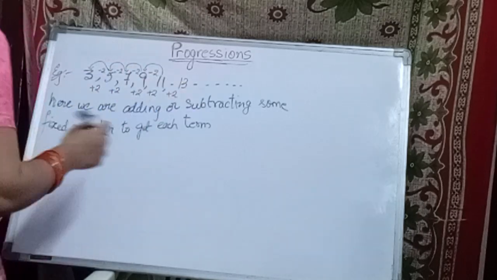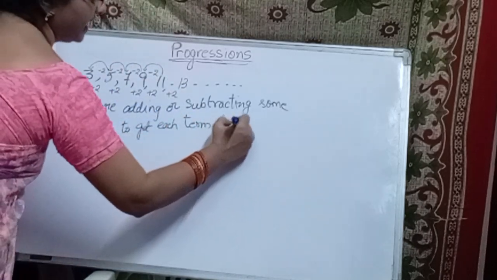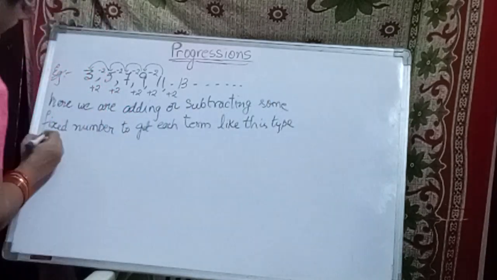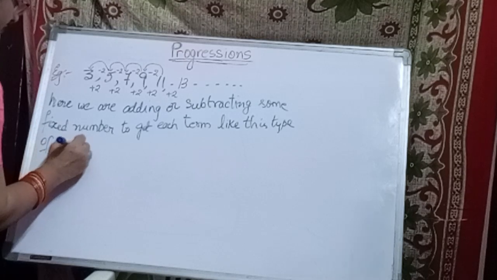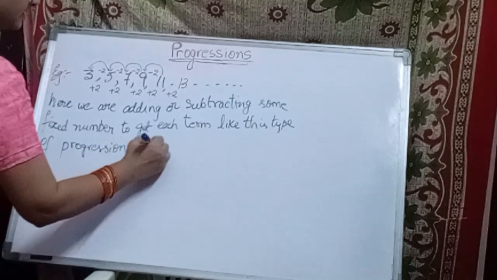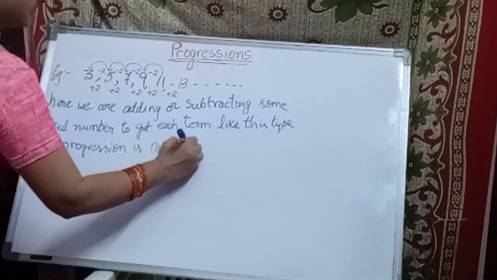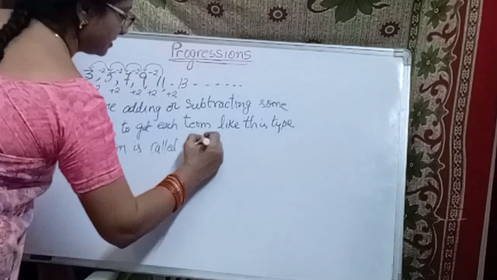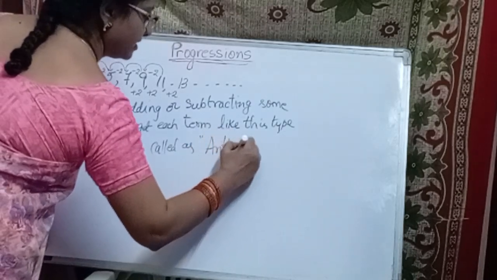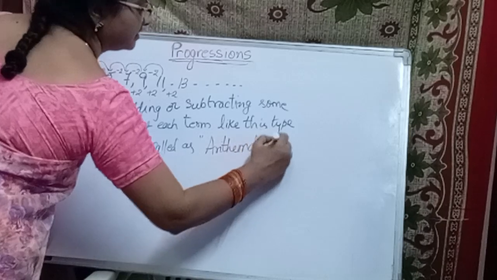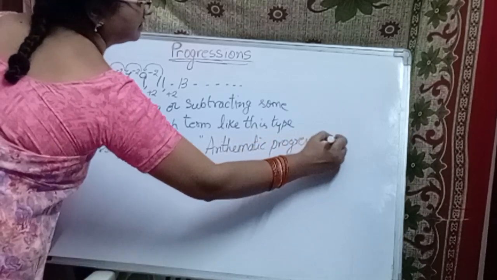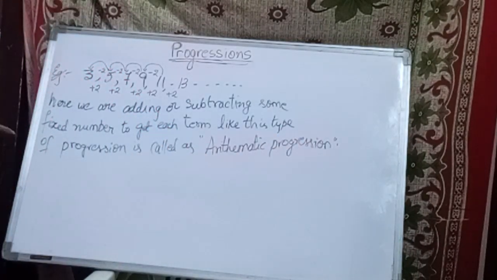Okay, so this type of progression is called an arithmetic progression, right?